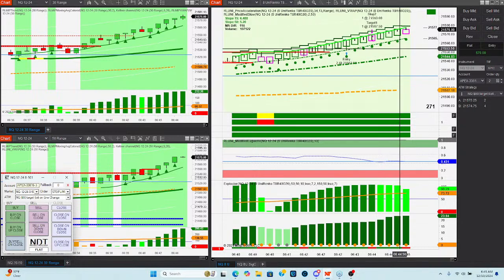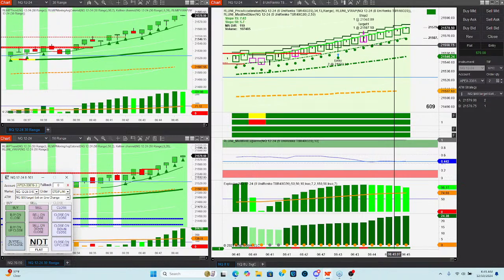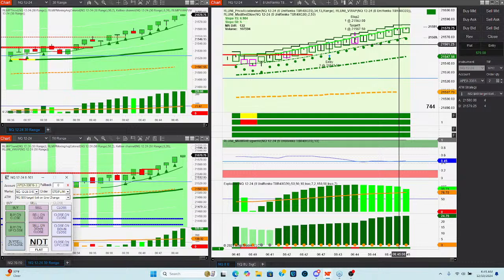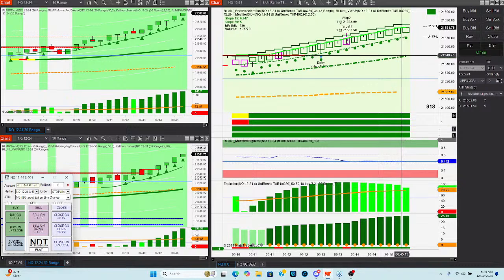Well, I don't have it on here, but if I did have my trend line on here, holy cow, look at that thing go. It's the distance between my trend line and the 50. I don't have the trend line on this chart right now.